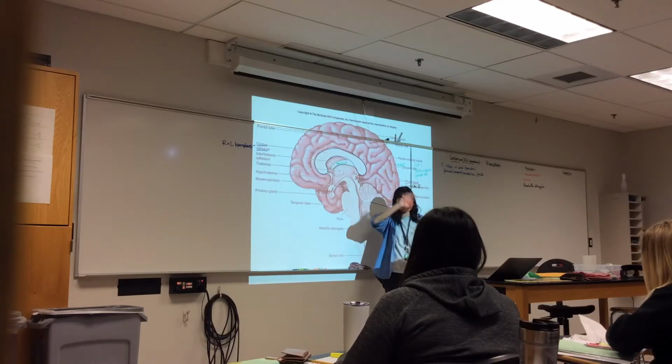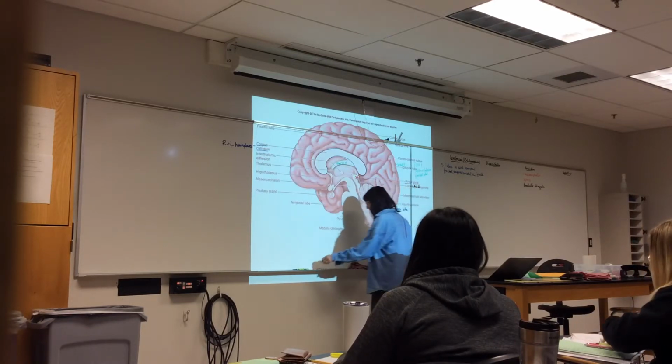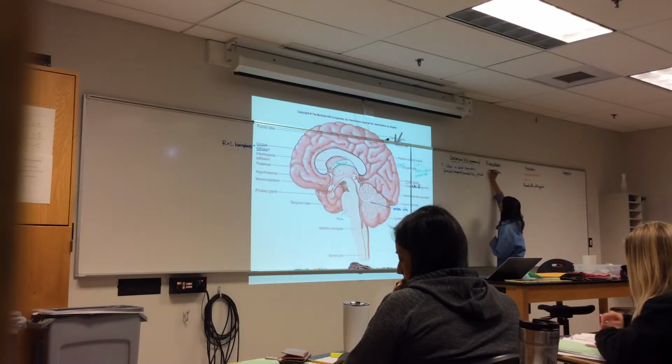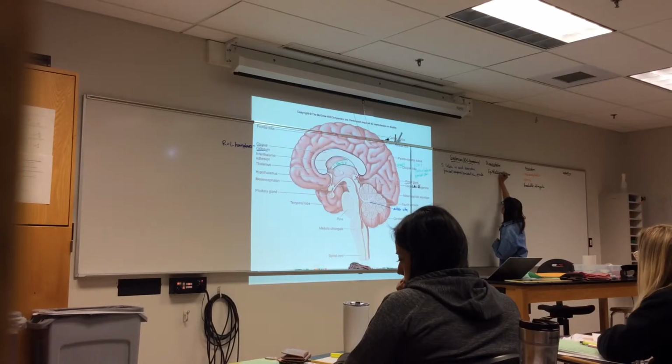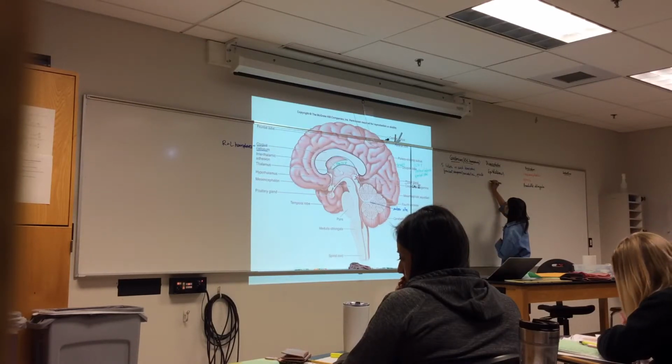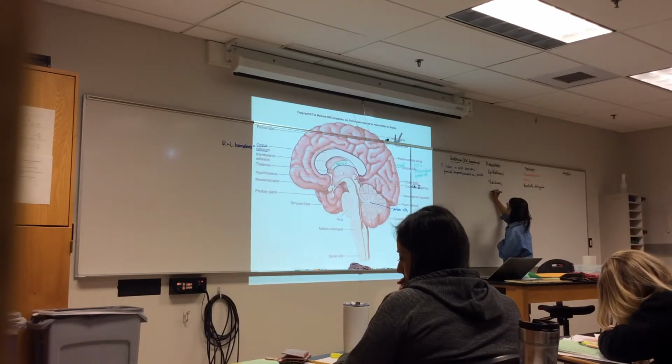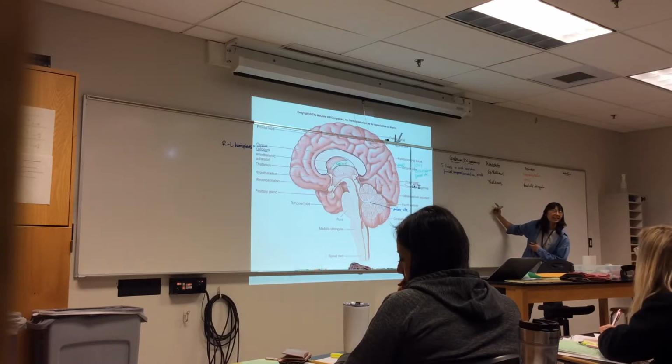Right in the midline, that's why it's deep, and it has 3 parts. We have epithalamus, thalamus, and what's opposite of epi?